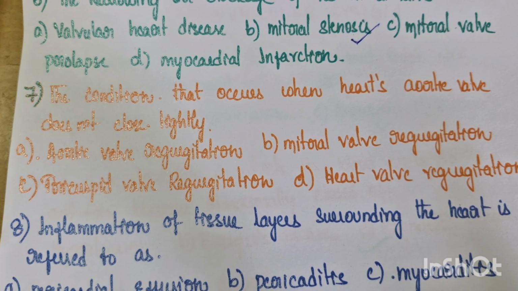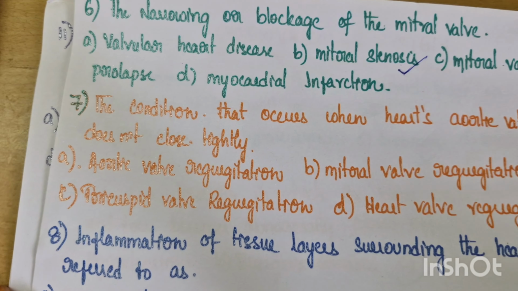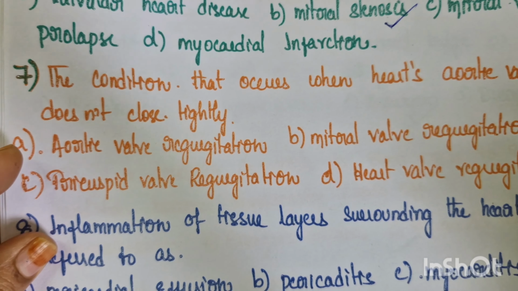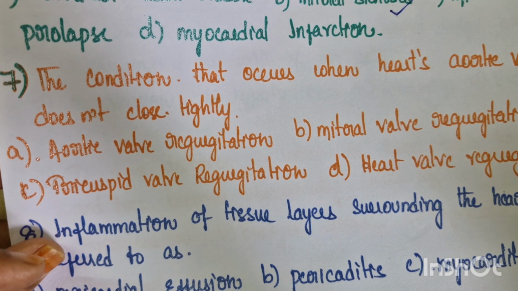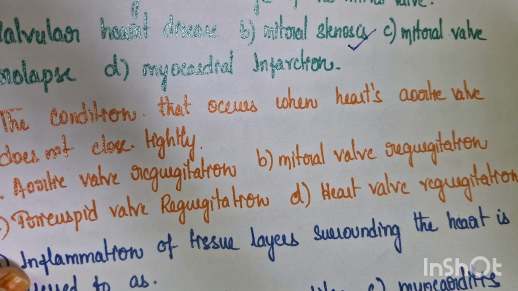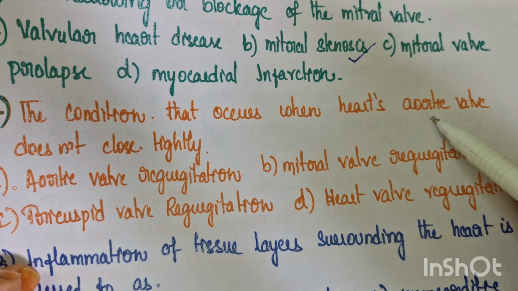And the next point we will see is the condition that occurs when the heart's aortic valve does not close tightly. What is that condition called?